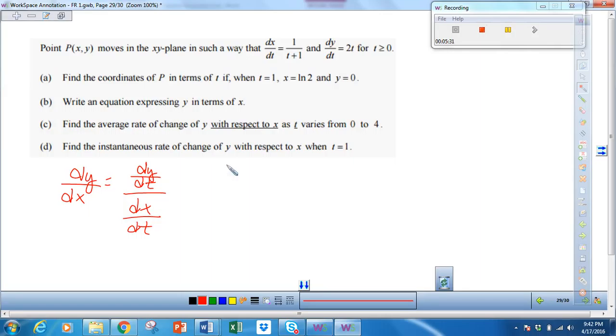And we're doing this at t equals 1. So this would be 2t over 1 over t plus 1. I was doing x the other way around. So this would be 2 times 1 over, t is 1, so 1 plus 1 is 2. And our answer was 4.